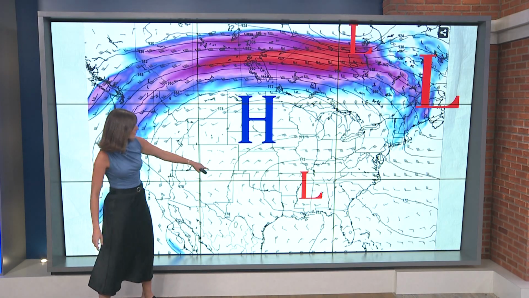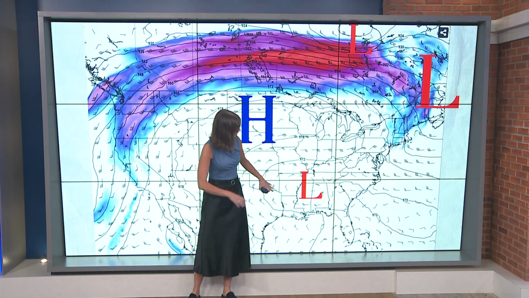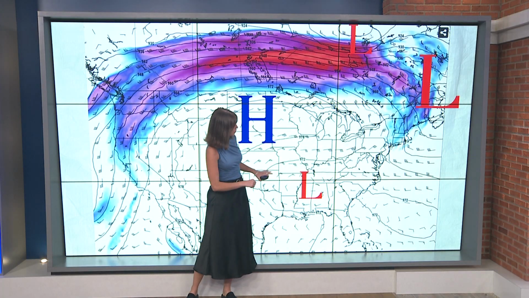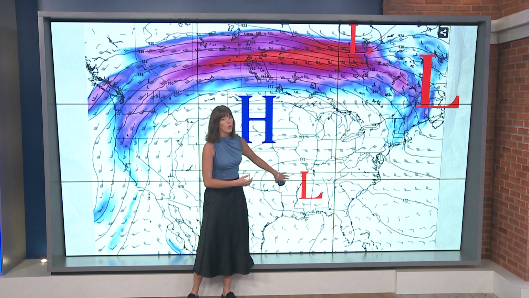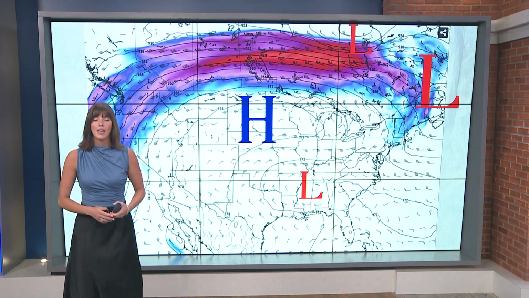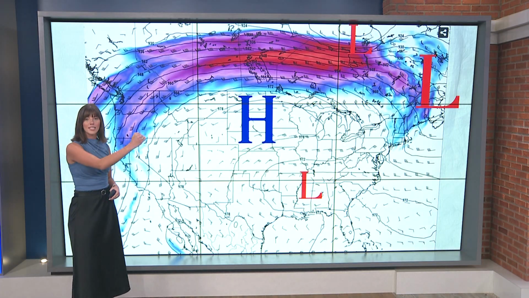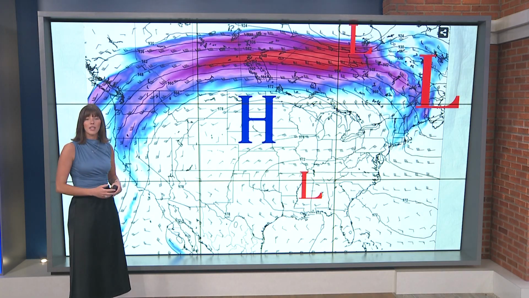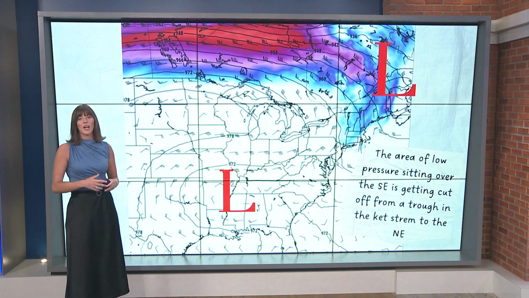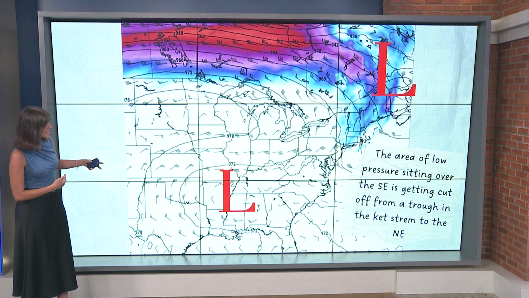But because of this little low pressure system, and you can see based on these little lines how it's originally connected to the northeast low, that's being pulled out to the west because it's getting cut off from the jet stream. And then with that high pressure system just north of it, it's going to settle in, especially further out east, and then drive that low even further to the west. And so that's what is causing our storm motion to be from east to west.